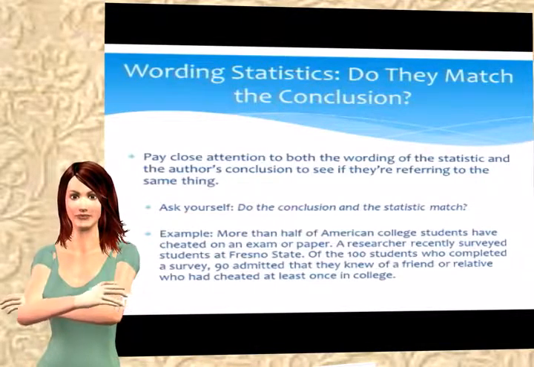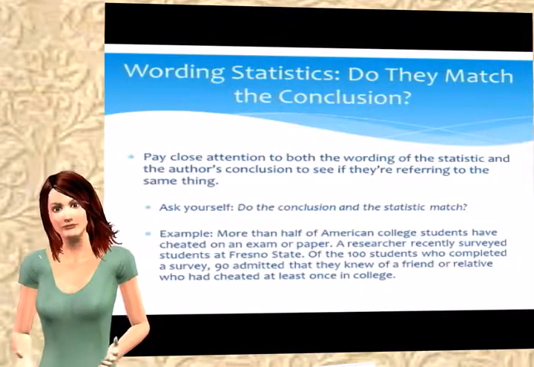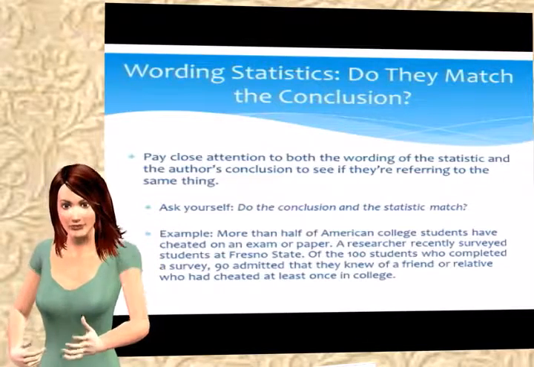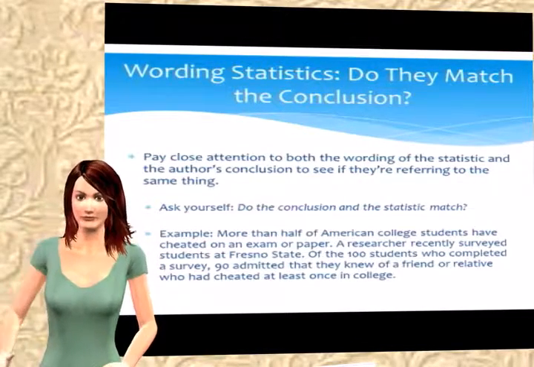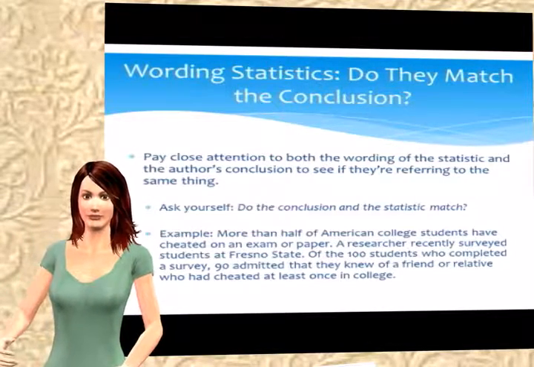So in this case, no, the statistic and the conclusion don't actually match. It would be the author's responsibility to actually provide a statistic, perhaps based on a survey, where people reported whether or not they themselves had ever cheated on an exam or a paper.